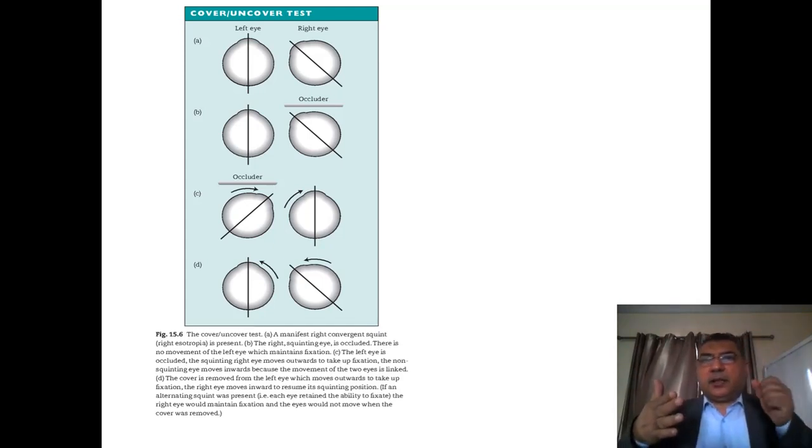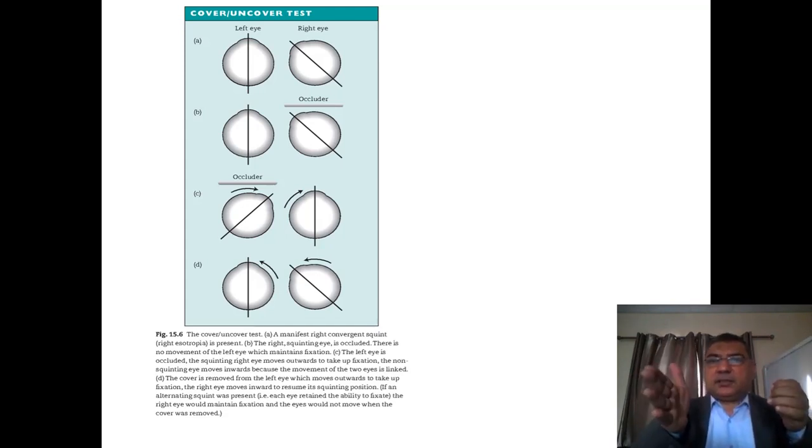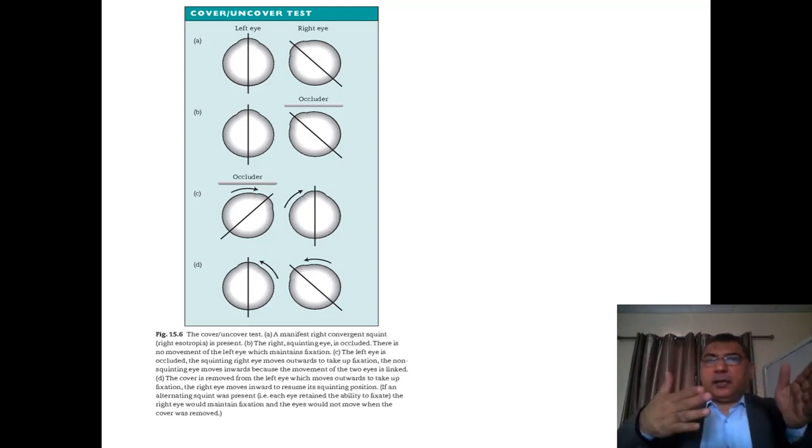If you cover the left eye, which is taking the fixation, the right eye will take the fixation temporarily, and the left eye will deviate under the cover. If you remove the cover from the left eye, the right eye will return to deviation and the left eye will take fixation. So this type of deviation is fixed to the right eye. It is a fixed right esotropia.